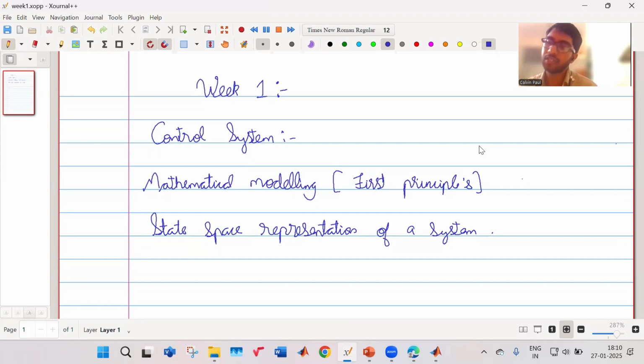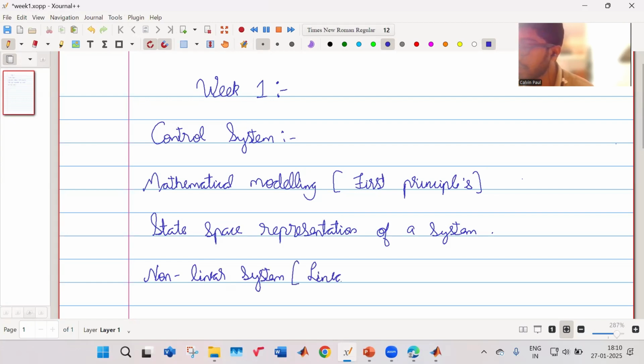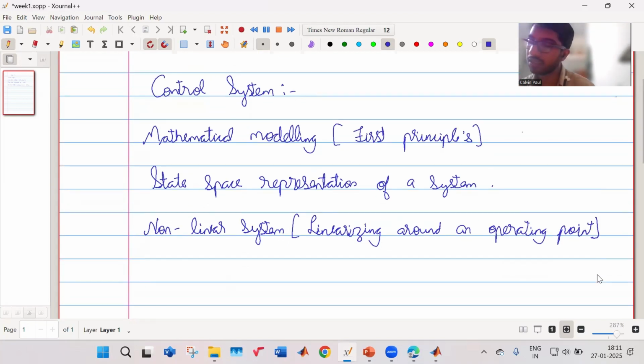Otherwise, if it is a non-linear system, he is linearizing around an operating point, and once he has linearized around the operating point, he writes the state space representation.